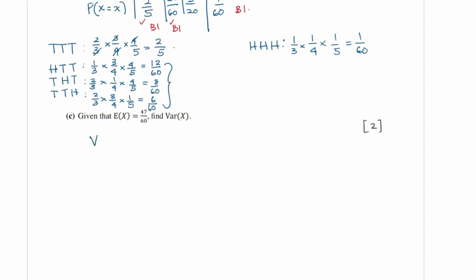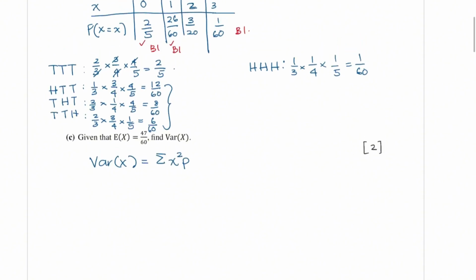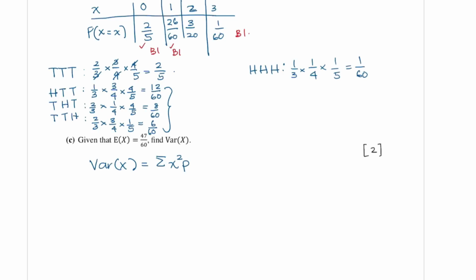Remember that to work out the variance of x, you just need to find the summation of x squared times p. In our table, we basically have x to be 0, 1, 2, and 3. So remember, you need to square it first before you multiply with each of the probabilities, and then you have to sum it up. Don't stop there, because afterwards you will need to subtract the mean squared.